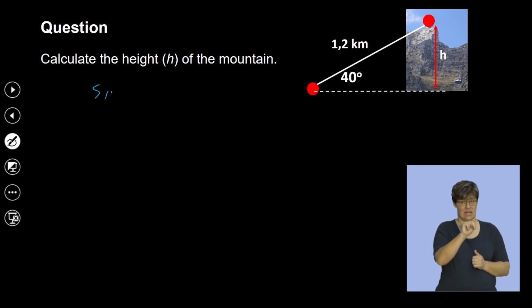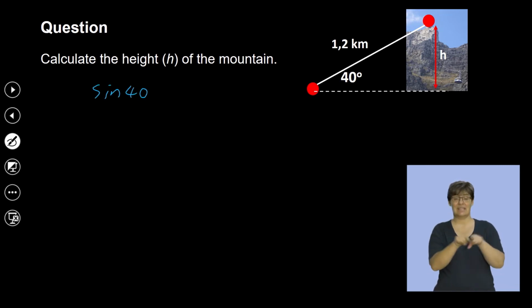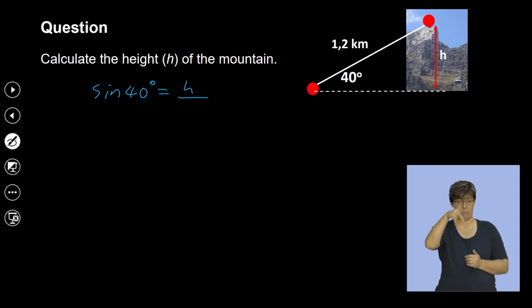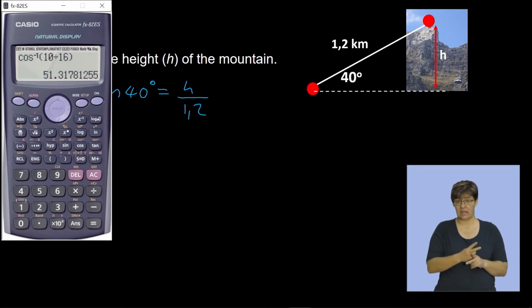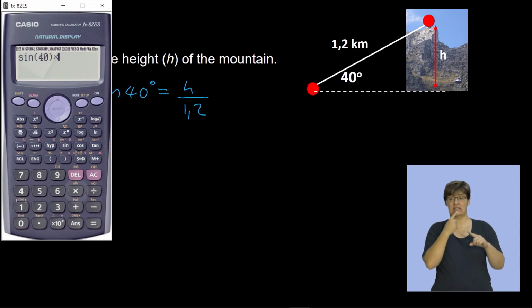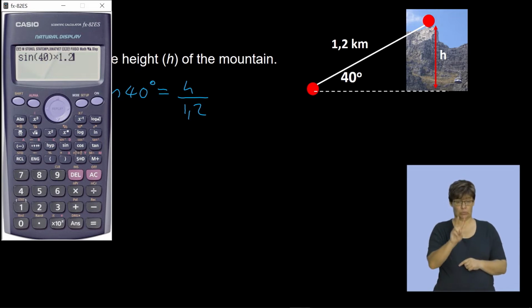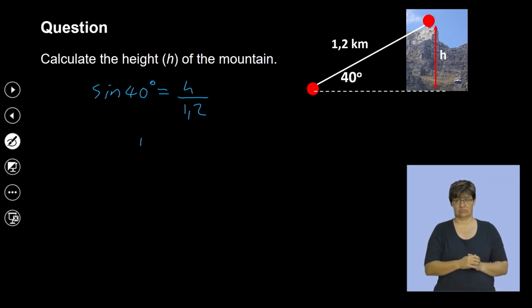Sine of 40 degrees is equal to H, which is what I'm trying to find, over 1,2. With a calculator, you just press sine 40 multiplied by 1,2, and that will give me the height, which is 0,77, right? So H will be 0,77 kilometers.